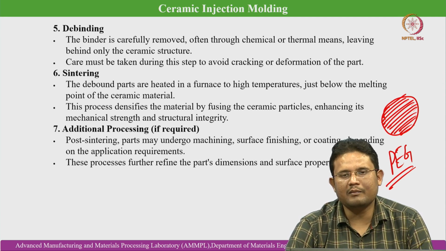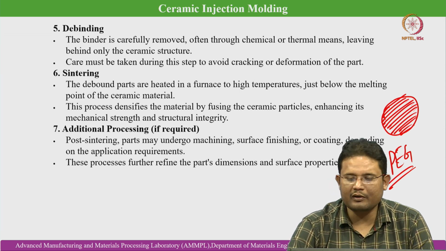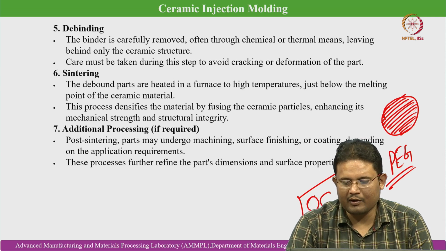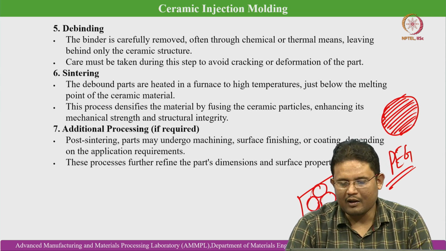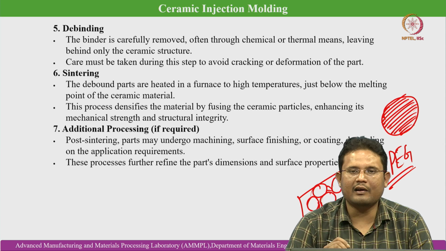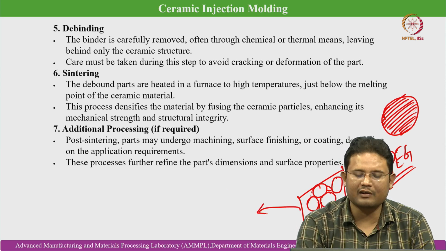After solvent debinding, we do thermal debinding of the part, so that porous channels can be prepared within the powder component. You can see these are the porous channels that are getting built between the neighboring powder particles. These channels are later responsible for sintering densification.